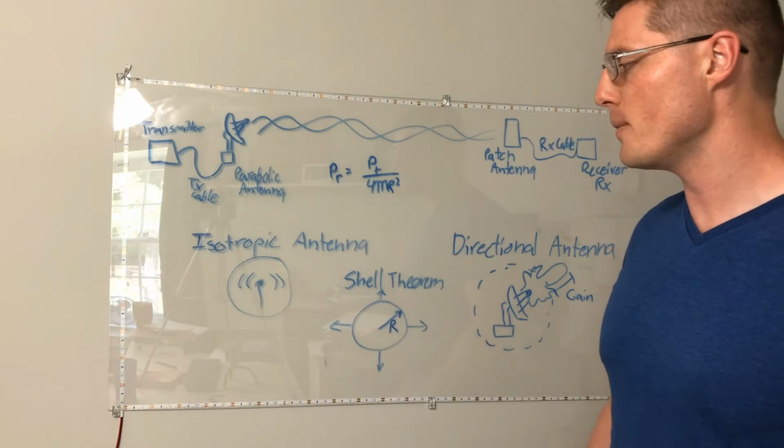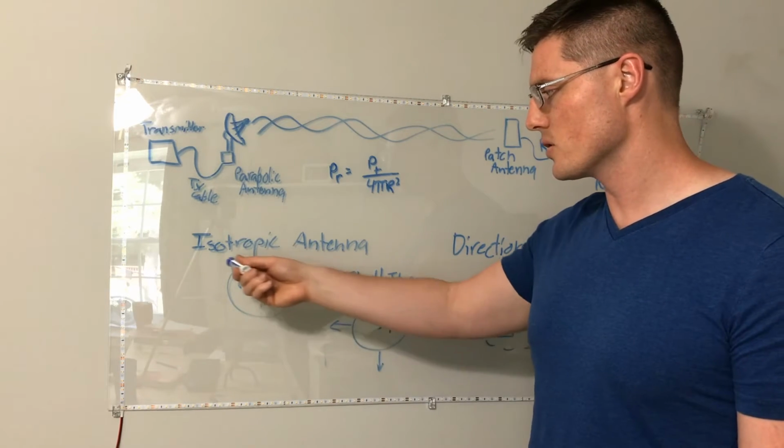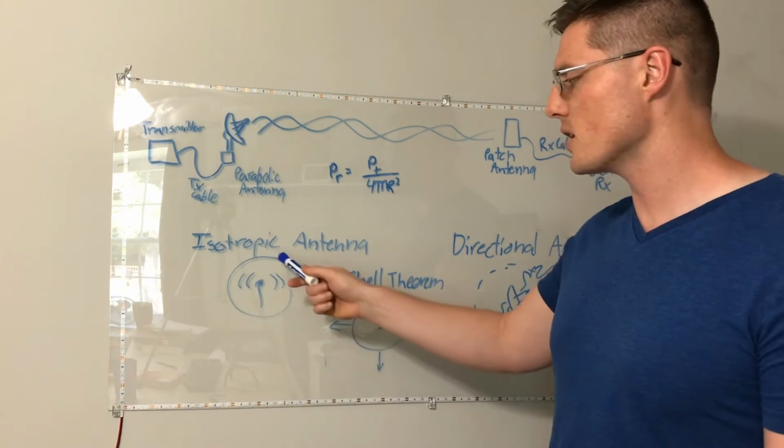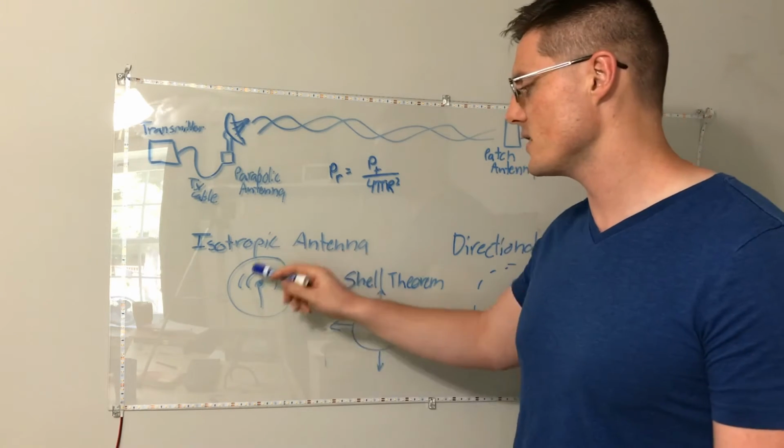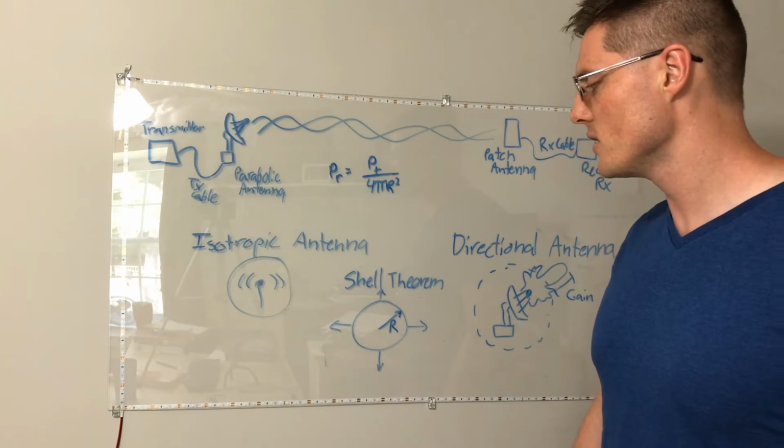So when you're talking about omnidirectional antennas, essentially you're looking at isotropic antennas where the signal is covered in a 360-degree manner uniformly.